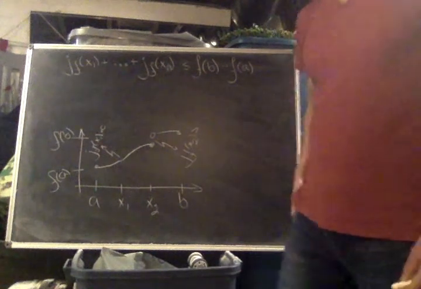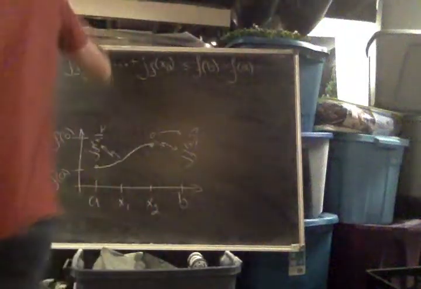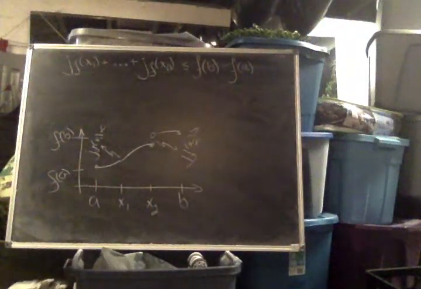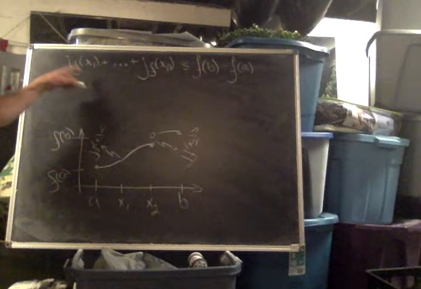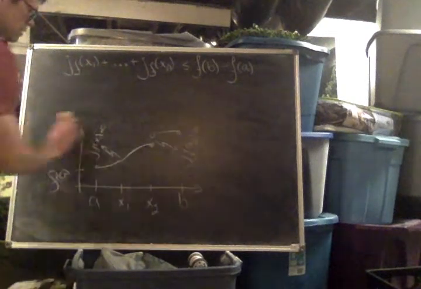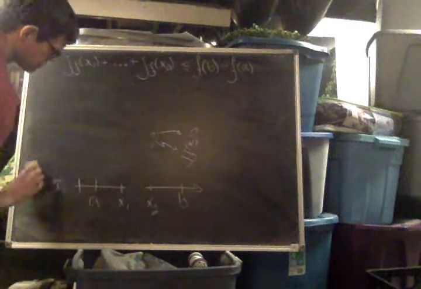Fine. So now what we're going to do is observe that that tells you a little something about how far wrong things can go when one of these jumps is not 0.